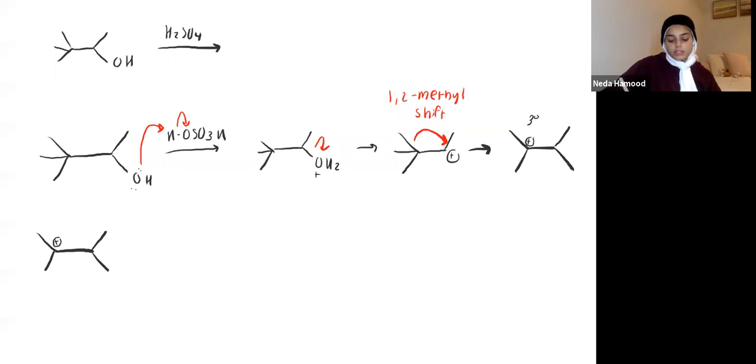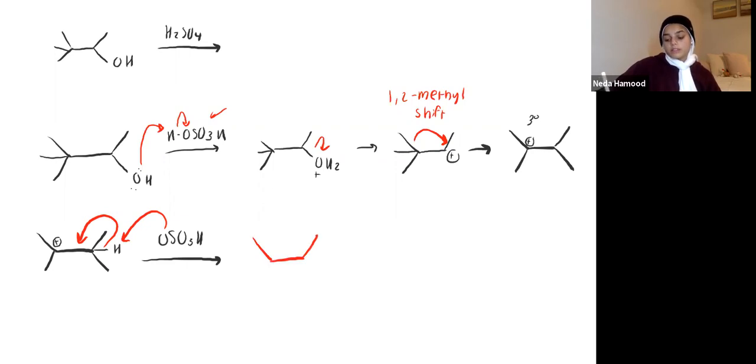You have a hydrogen over here, and then the OSO3H that we made earlier is able to come grab that hydrogen. Hydrogen is able to donate its electrons just like that. And then we have our final product. Is everybody good with that?